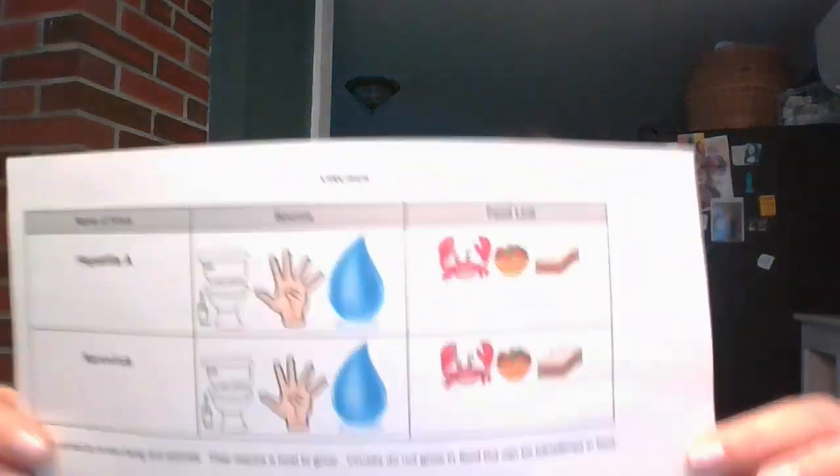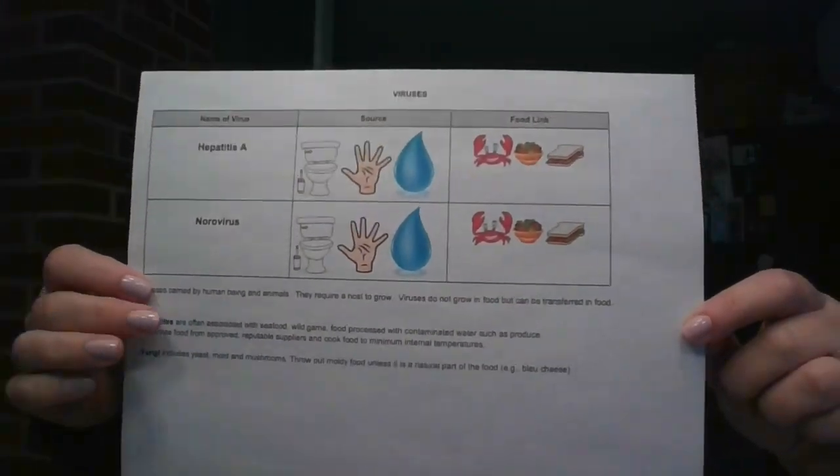Okay, now when we talk about viruses, you're going to be looking at this paper right here. So it's the smaller chart, and you'll notice that there are only 2 viruses listed on here that you need to be aware of. Now, we know in our world that coronavirus has become something that we're very aware of. That is not addressed in this particular book or on your test, so you don't need to worry about that for testing purposes.